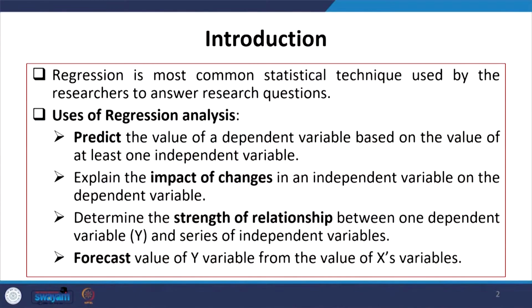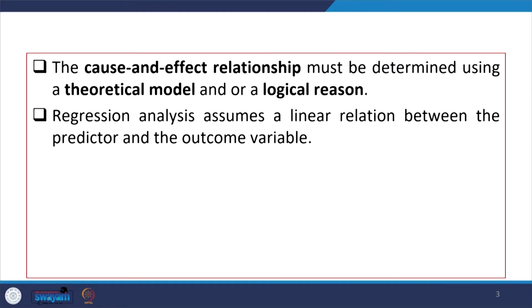This explains the impact of changes in an independent variable on the dependent variable. This helps in determining the strength of the relationship between these two variables x and y. Also, it helps in forecasting the value of y based on the control variables or x variables.